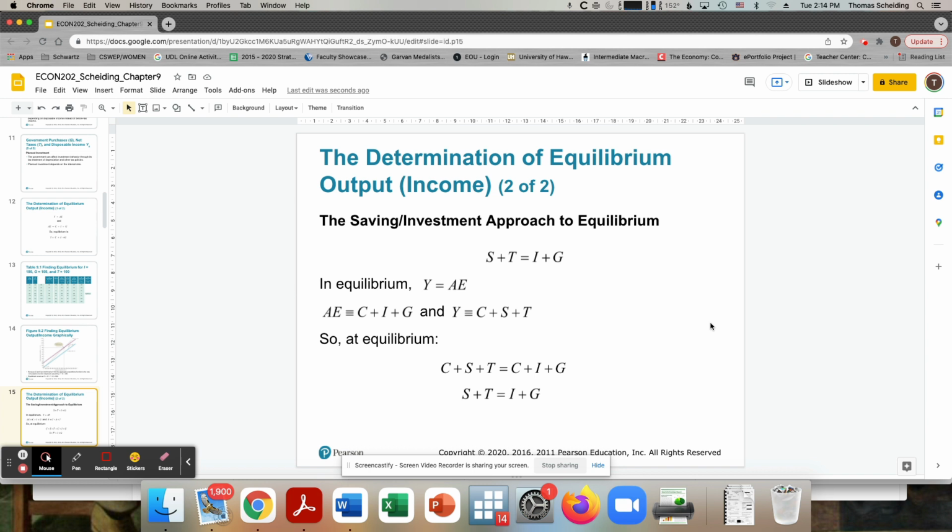Okay. And so then the other part to this is looking at savings and investment. Those need to equal as well in equilibrium.